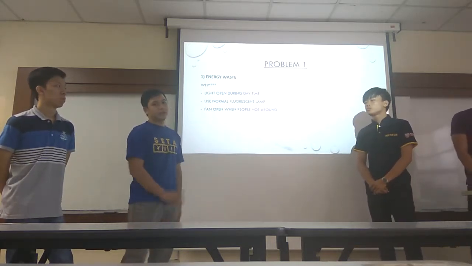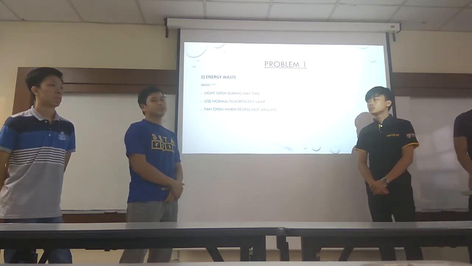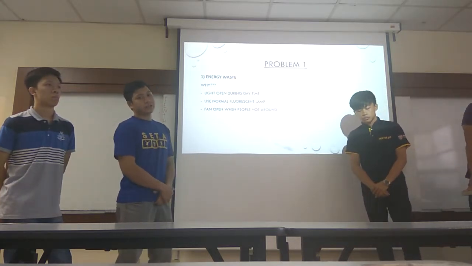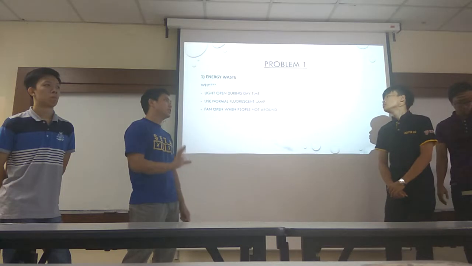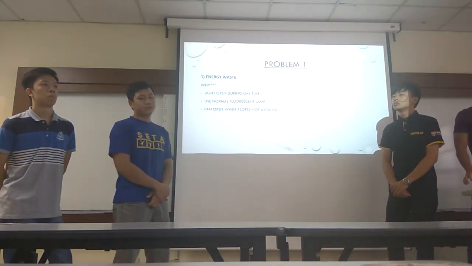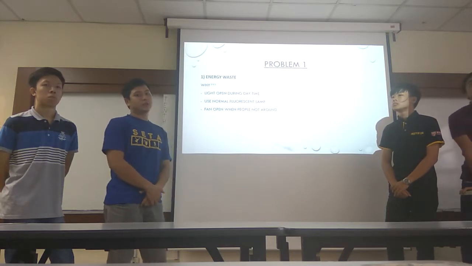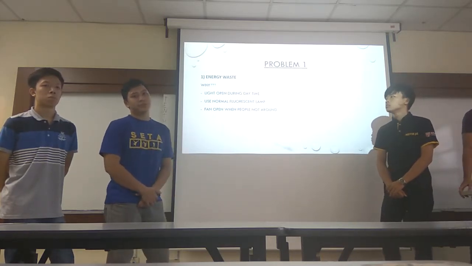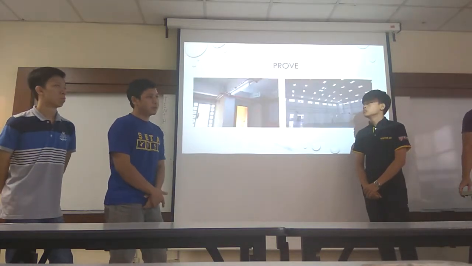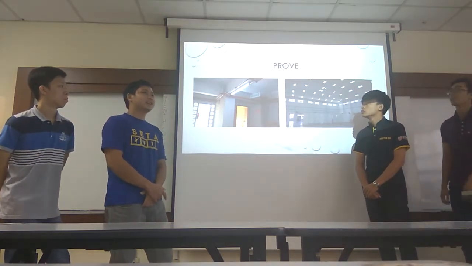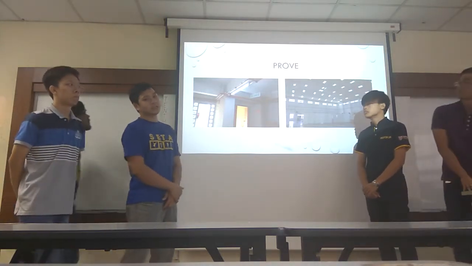At the main hall the lamp was left turned on during the daytime, and the corridor lamps are also left on while there are no people around and there is sunlight to provide light.